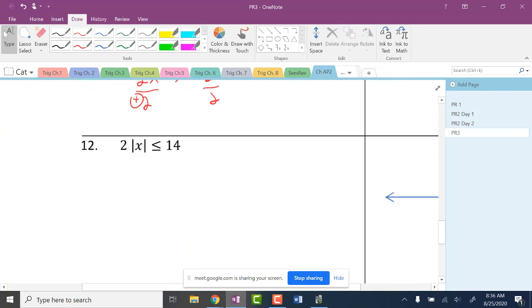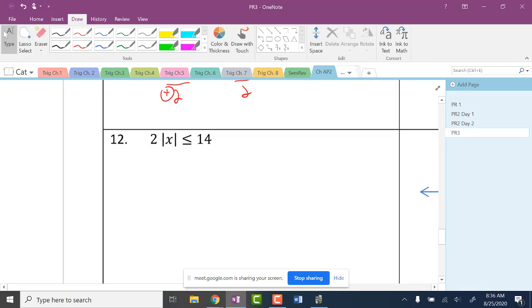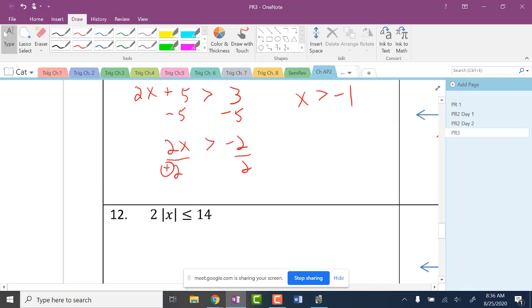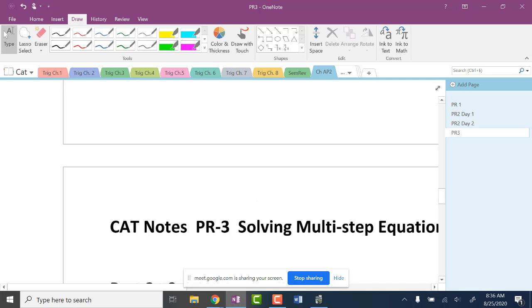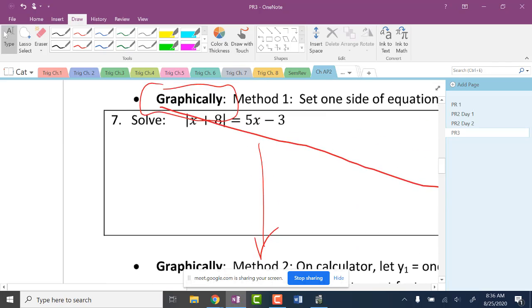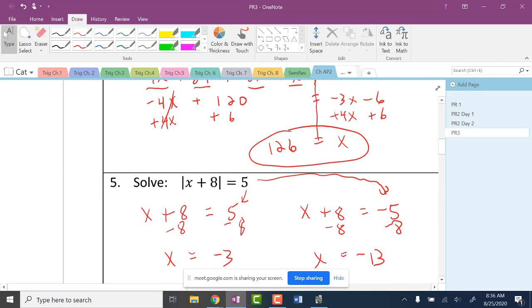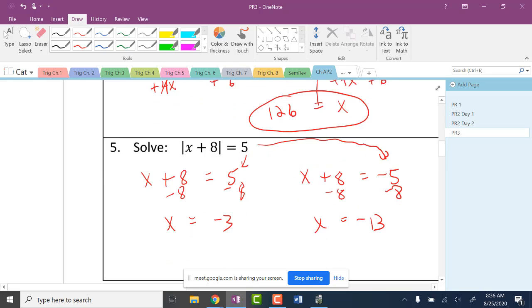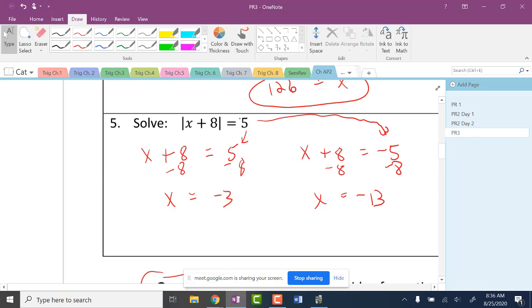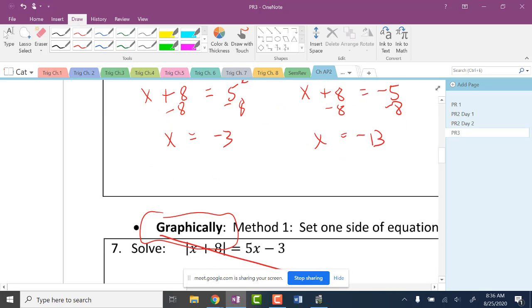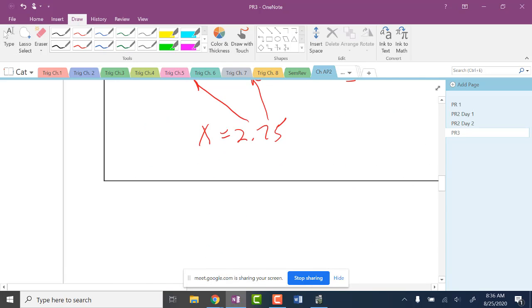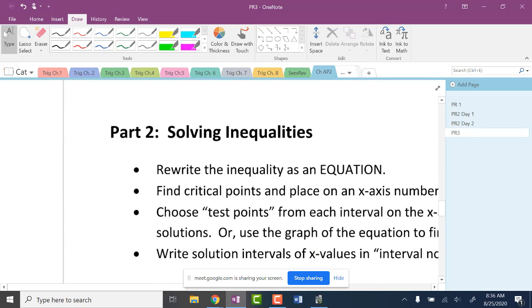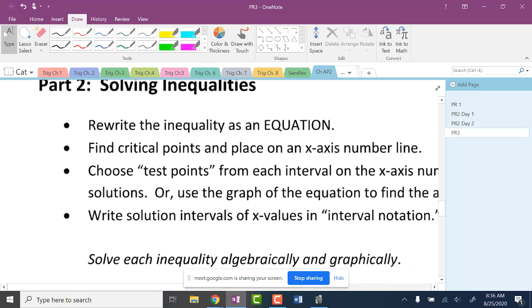All right, now we got an issue with absolute values. I just told you with absolute value equations, going back up here, there are two possibilities because of the distance a number is from 0. 5 and -5 are both 5 spaces away from 0, and that's what you have to set up here. Okay, but then pay attention to these directions because I'm actually going to do that with this one.